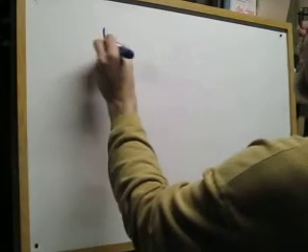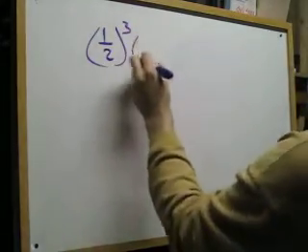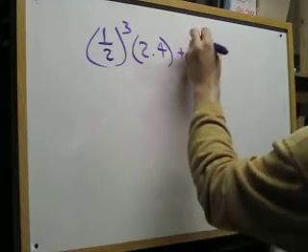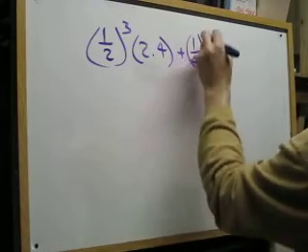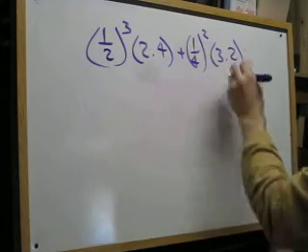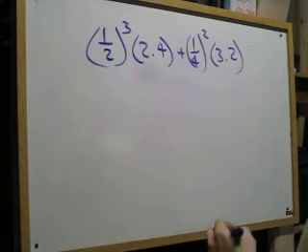If you're on page 396, example 9, a little bit trickier, not really harder, but a little bit trickier because we got a cube in there. Alright, lots of stuff to do. First of all, PEMDAS says you're going to do your exponents first.